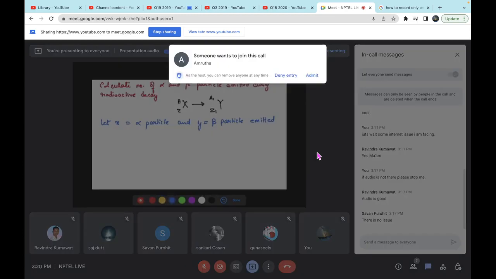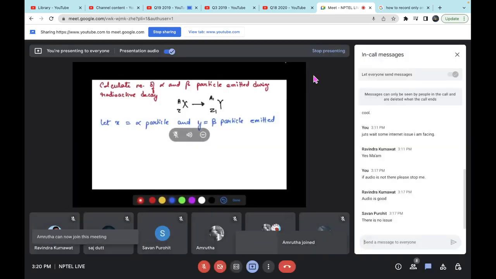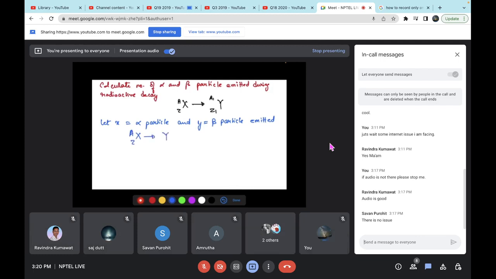Okay, so this simply makes our equation as x times alpha particle, which is helium, and y times beta particle, which is denoted as electron.